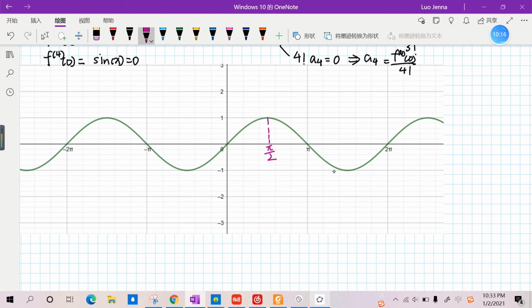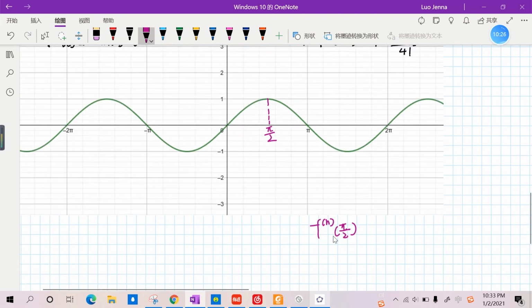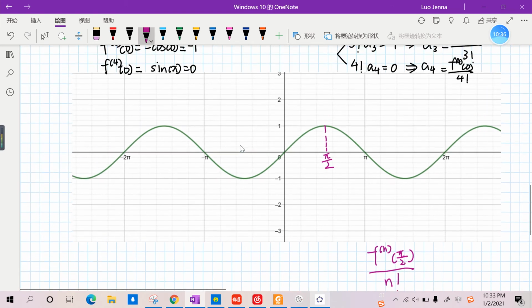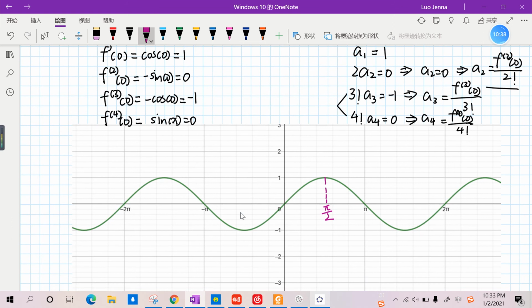So we can get the nth derivative of sine x at pi over 2. And we can also get the nth factorial of it.